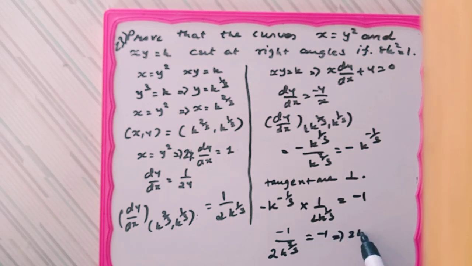So 2k^(2/3) = 1. To remove the fractional power, we take the cube, then 2 cube, 8k^2 = 1, which shows that when 8k^2 = 1, then the tangents are perpendicular to each other.